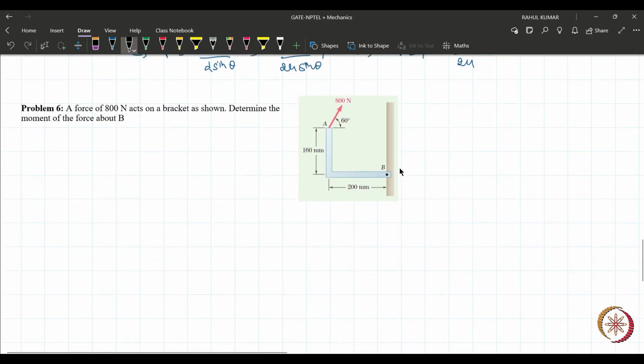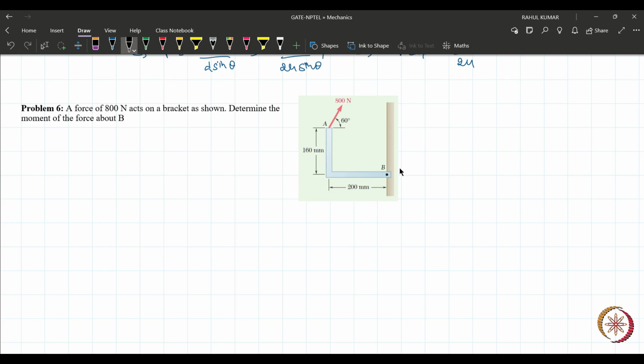Now solve this problem. This is actually very easy. Sir, 1092. Oh yeah, you have solved it. Good. What is the answer?